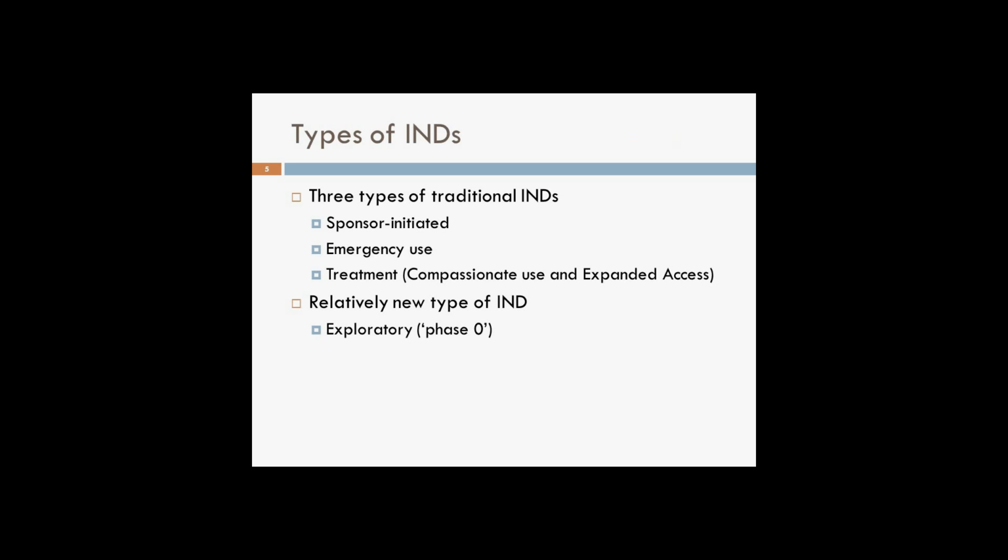Types of INDs: there are three primary traditional types. One is sponsor-initiated. That would be you initiating it, or an industry sponsor, just the normal, traditional mode of doing INDs. There is emergency use, and for example, we had one study where we used an emergency use IND.